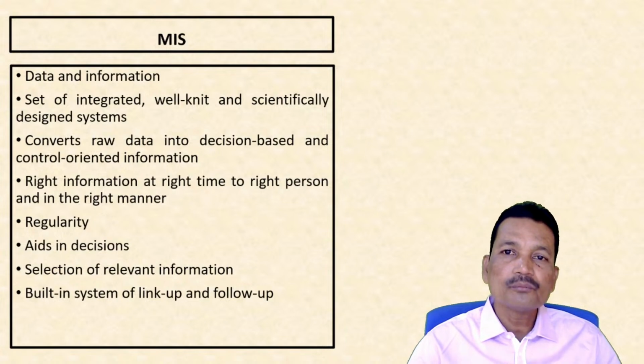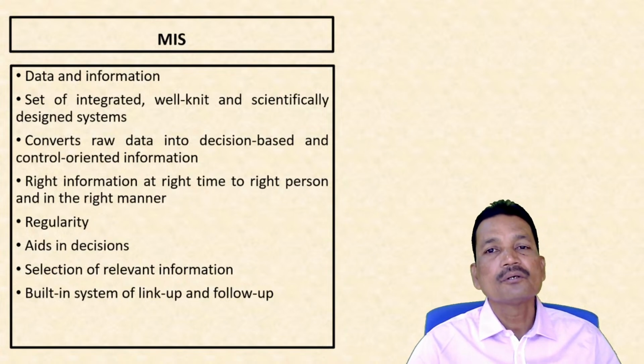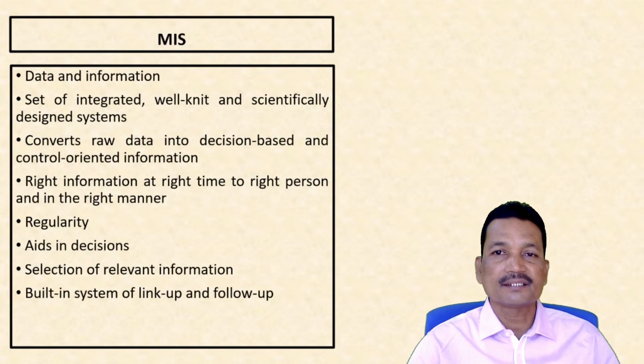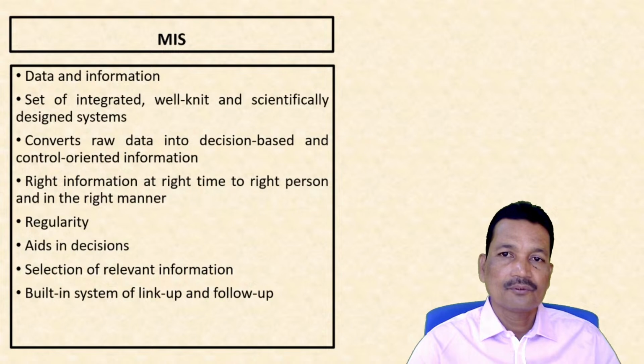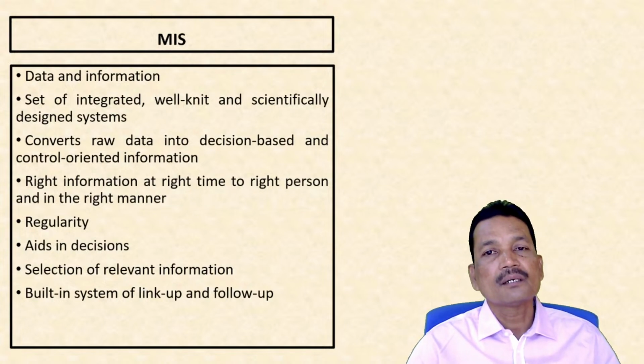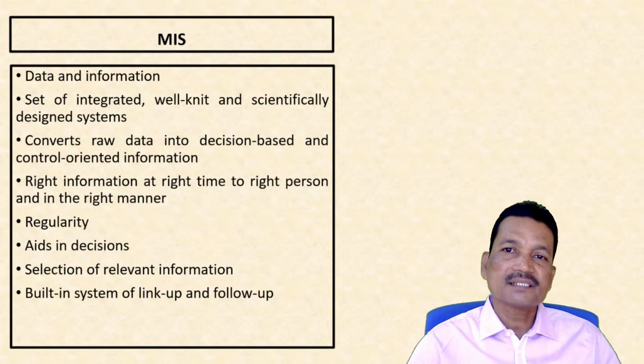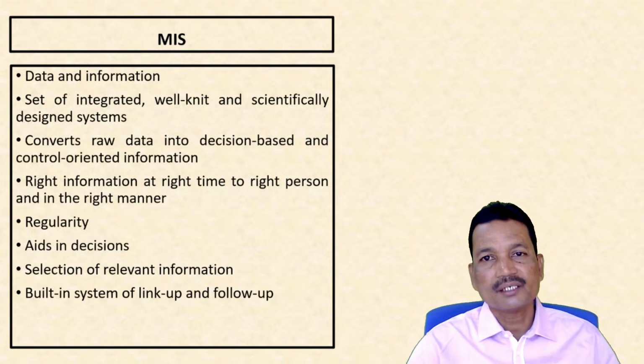What we have to do is segregate the relevant things. That means, in order to answer my question or my decision making, which data is relevant? Suppose, what is the sales in the last 3 months period?